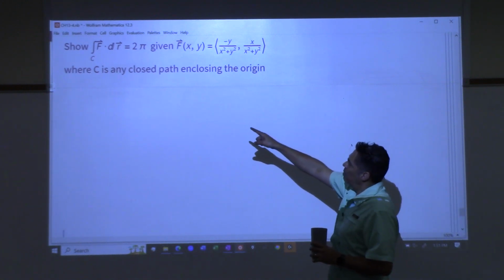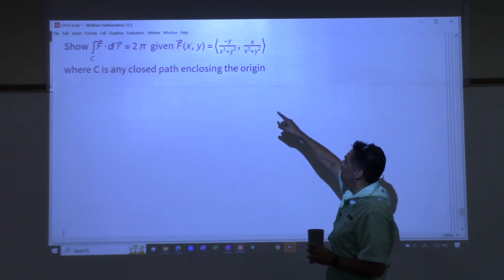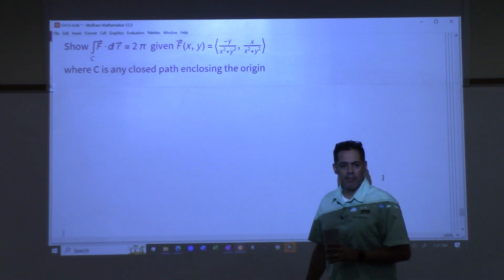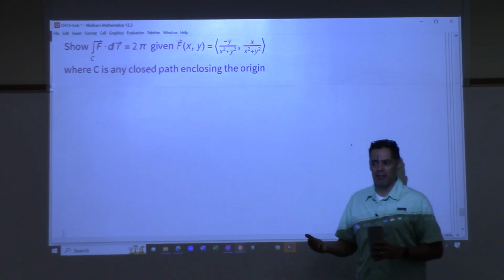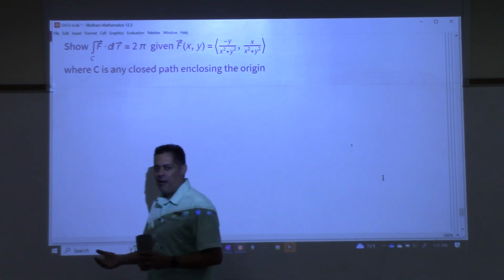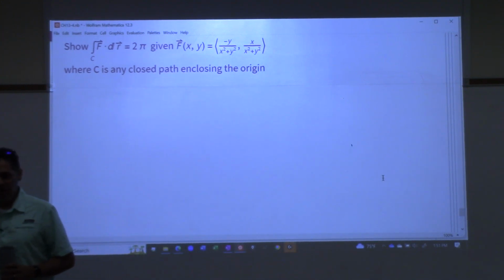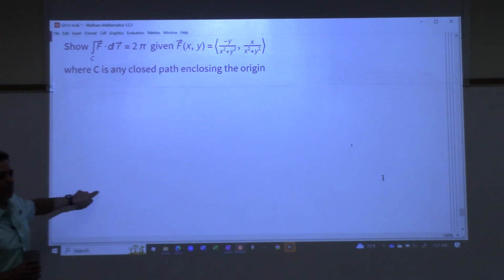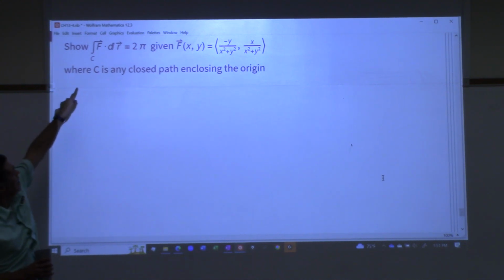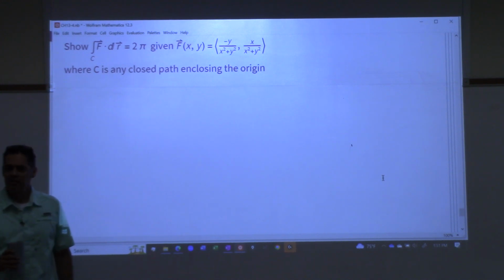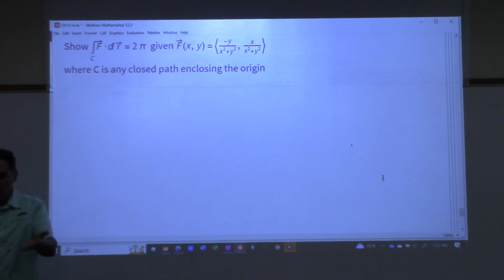Any closed path that encloses the origin. How many paths can you think of that are closed that enclose the origin? Infinitely many. So how in the world are we supposed to show that no matter what curve we ever draw, as long as the origin is inside of it, that integral is going to give me 2 pi? I'd have to evaluate every integral, every path, which is impossible, right?